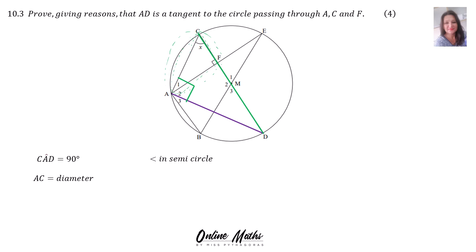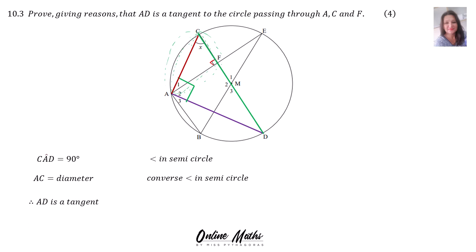AC is then a diameter, that red line over there, and the reason is because of this 90-degree angle at F. Converse angle in semicircle.